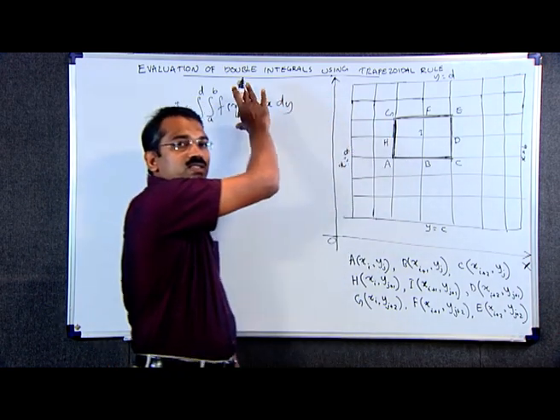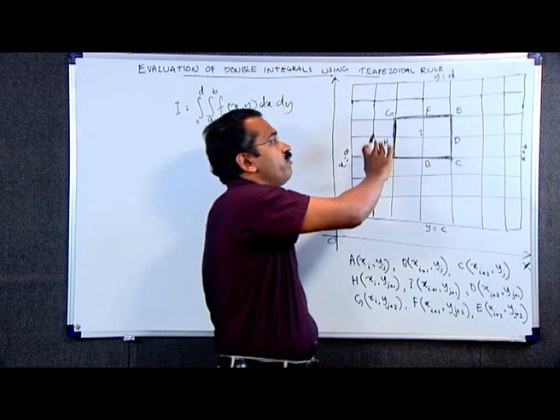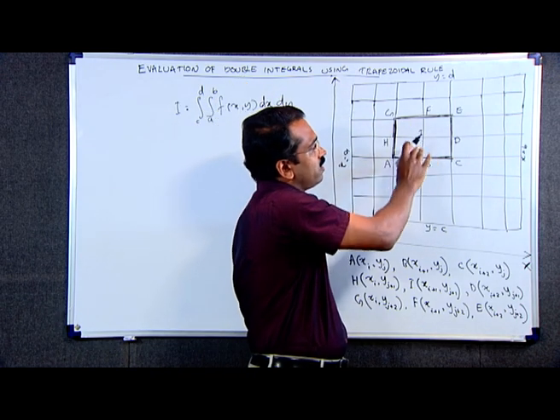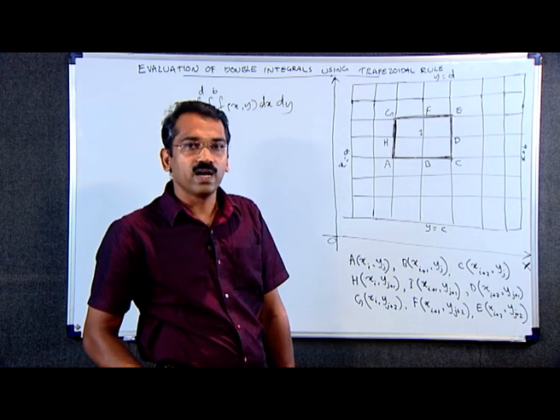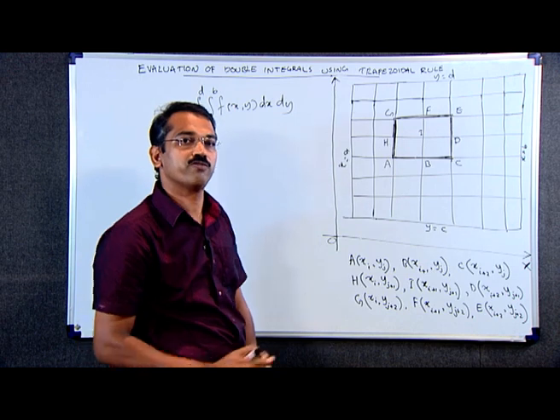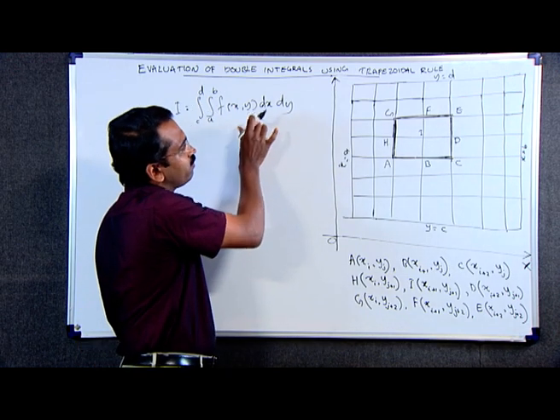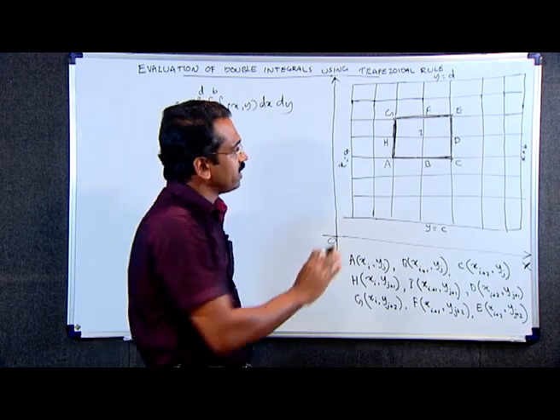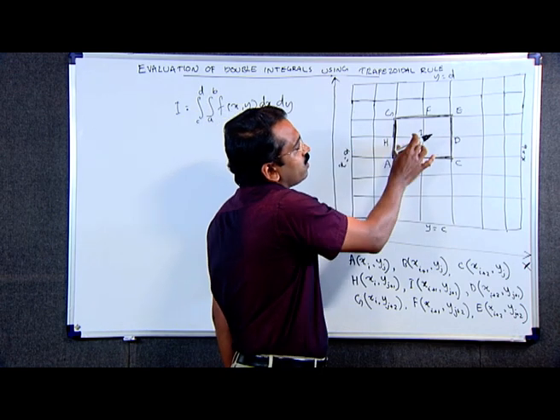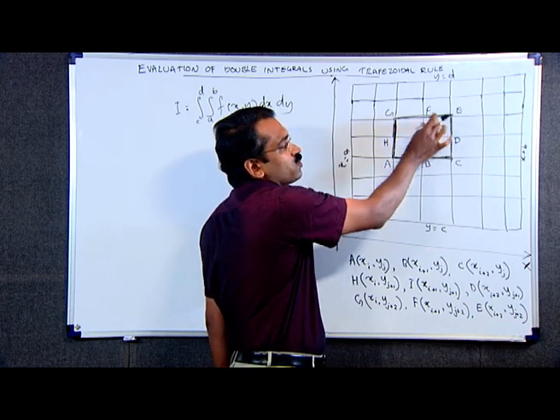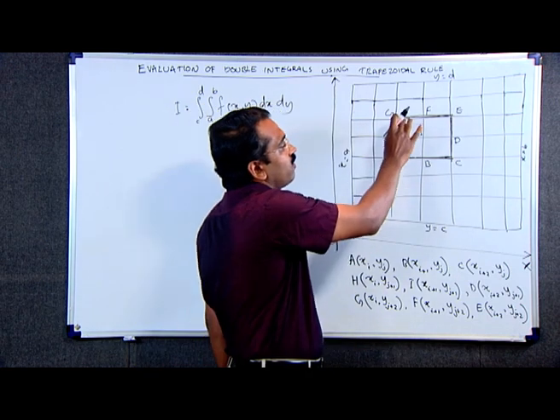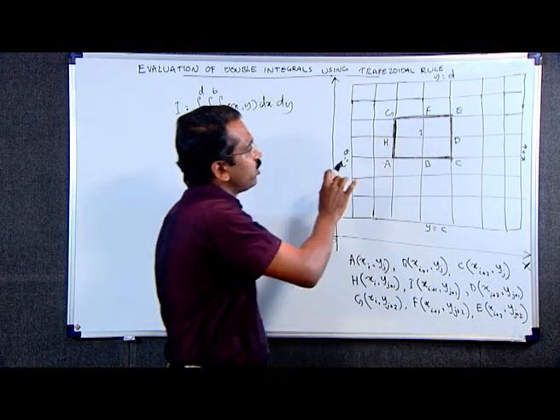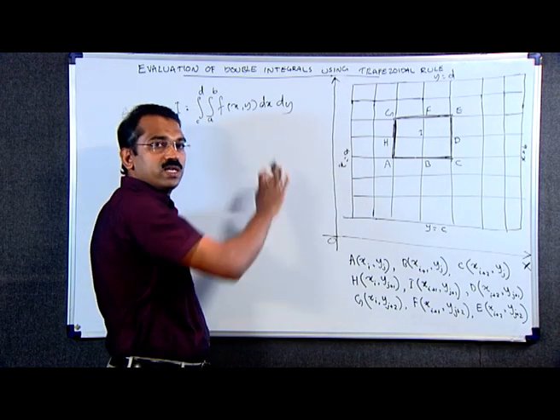First we evaluate the double integral on each of these rectangles and add them to get the value of the given double integral. After integrating over all these small rectangles, we add the integrals in order to get the required double integral.